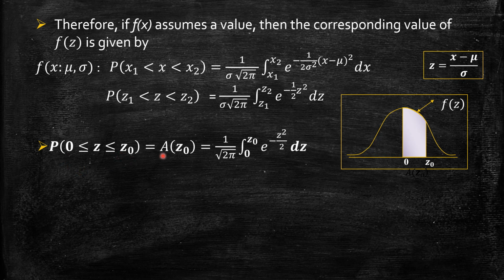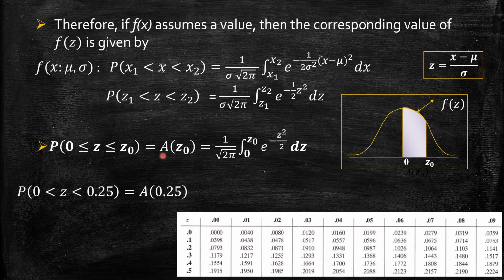Now this can be calculated easily if we have tabulated values, which give the area for different positive values with a step size of 0.01. For example, if I want to find the probability from 0 to 0.25, since it is 0 to any point, we can write it as A of 0.25.